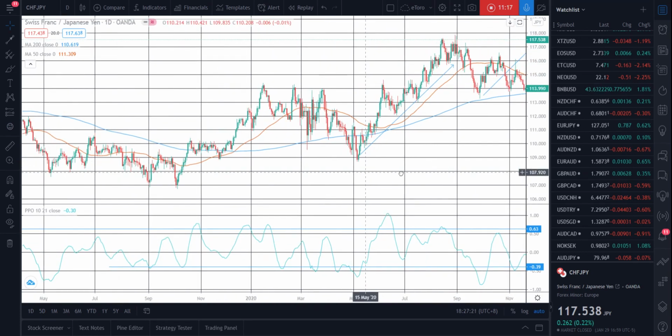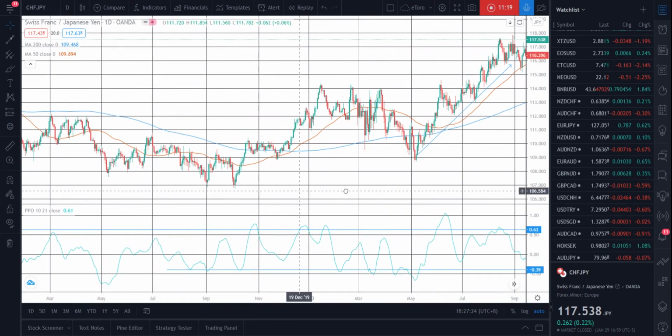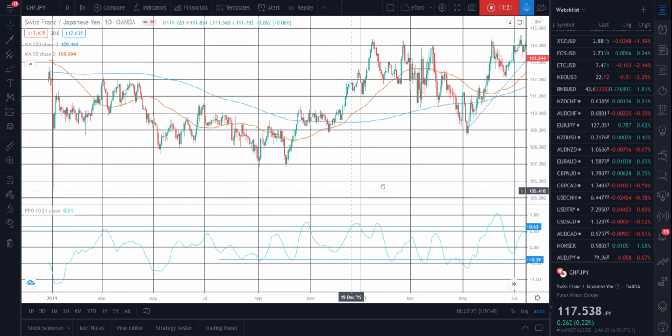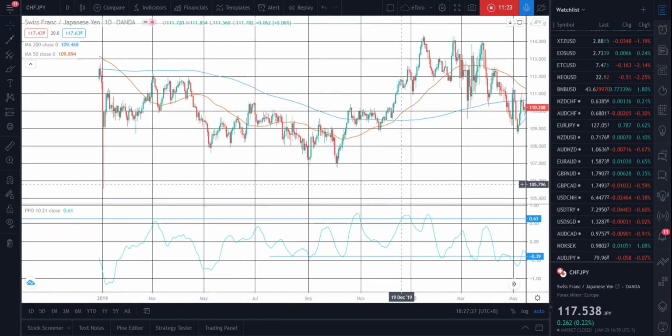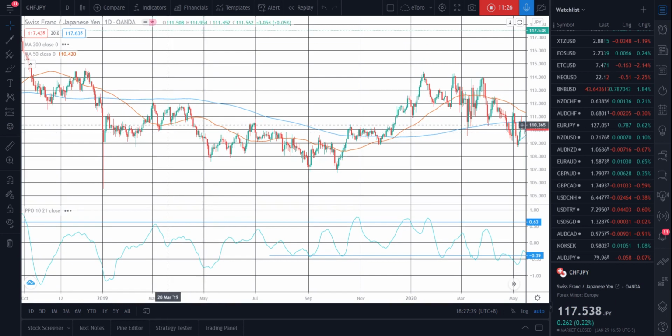The same scenario will be usable when we are in a downtrend. So when we are in a downtrend like here, you can see we are in a downtrend. You just open short positions. But when you open a short position, it's when the Price Oscillator is in overbought like here.